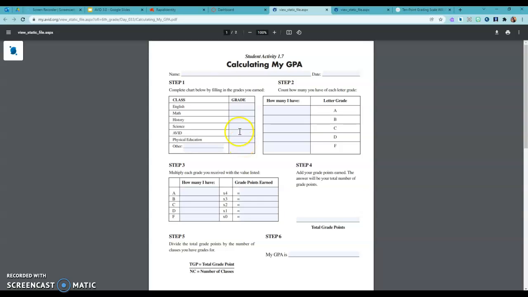After that, let's say I had an A here, a B here, C, F, A. Say I'm really bad at physical education.